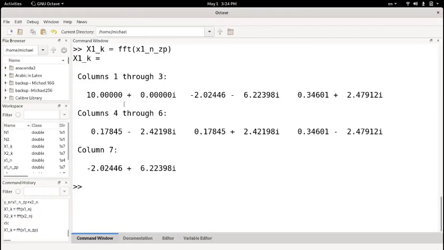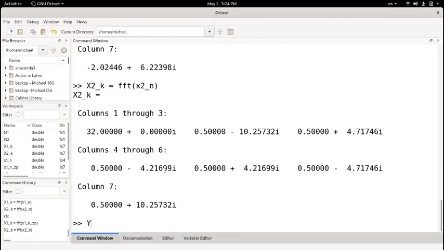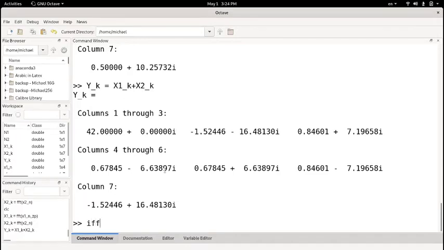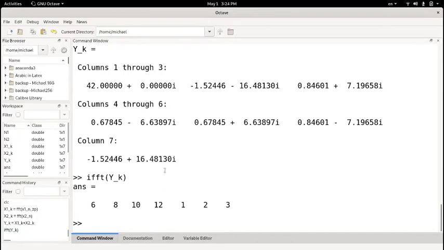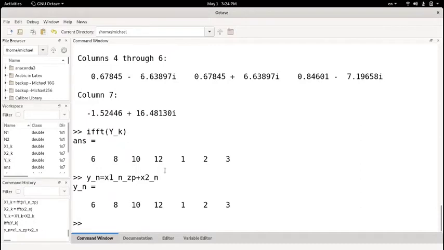Now I will get x1k which has 7 samples, and x2k is the same as before. Now I can get yk, which is equal to x1k plus x2k. If I do inverse fast Fourier transform to this yk, I will get the summation I had before, which was yn, exactly the same.